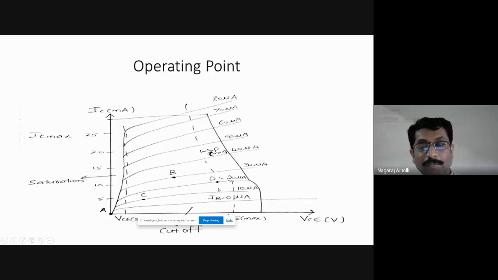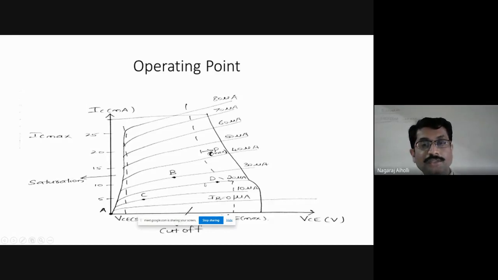Proper amplification of the applied signal will not take place when the operating point is at point D. Clear, students? So there will be some distortion also when the operating point is at point D. So these are the various operating points, that is operating points A, C, B, and D.